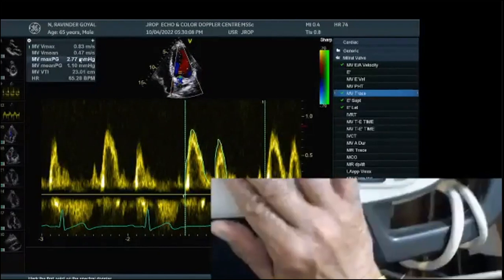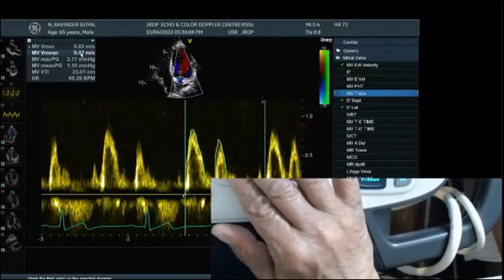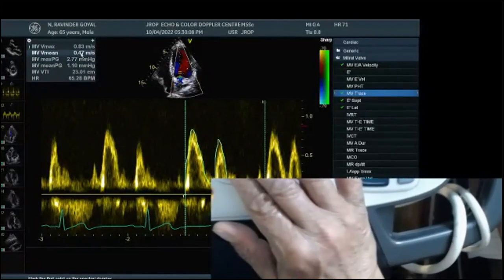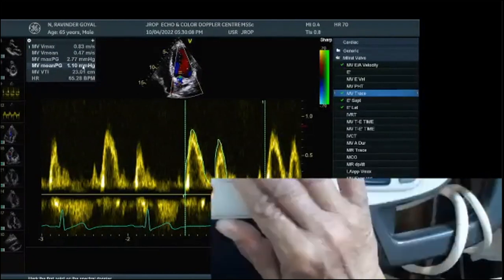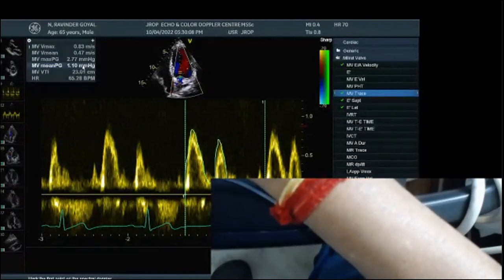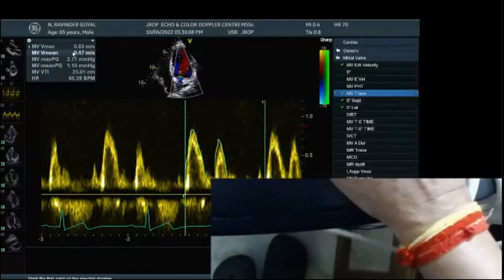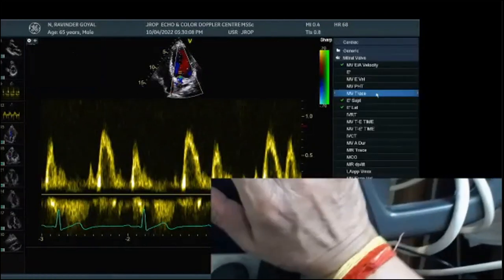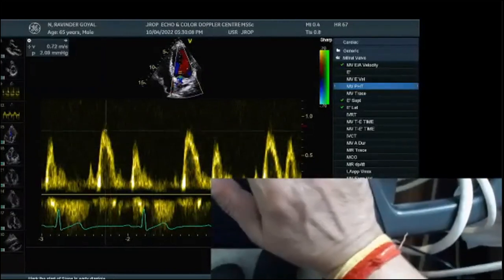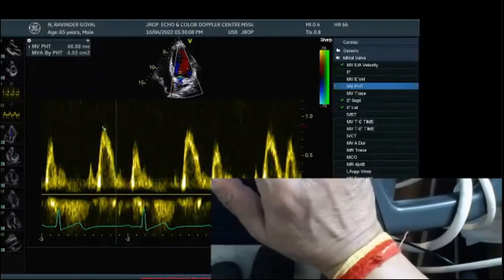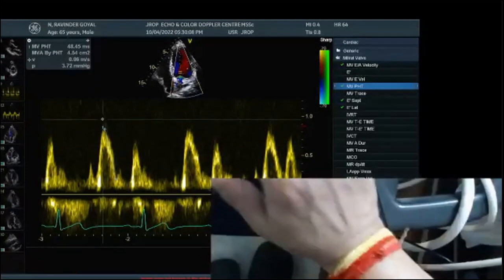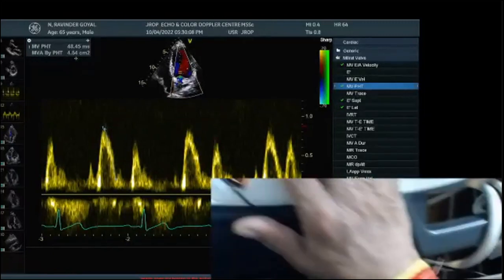Mean velocity, 4 into mean velocity square, will give you the mean gradients. And this is how we look at the peak and mean gradients in day-to-day practice. Similarly, we can go to pressure half time again to look for the mitral valve area in the subject. This is almost 4.54 centimeters per second.